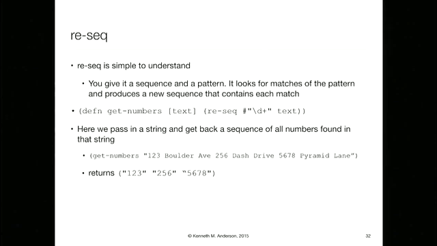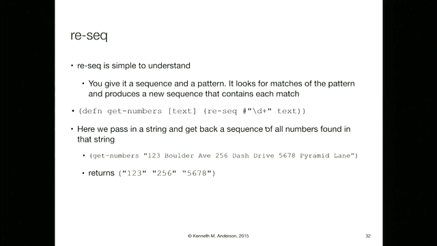All right, so re-seq is pretty simple to understand. You give it a pattern and a string. It looks for matches of the pattern and produces a new sequence that contains each match. So here, if I say get-numbers, passing in a string in this case, and then I say re-seq, and then here's a regular expression. \d stands for digit, plus means 1 or more digits.